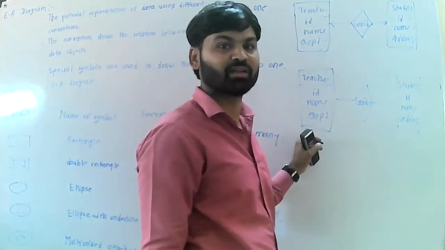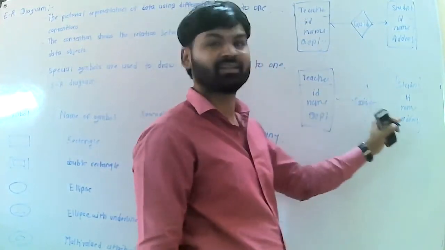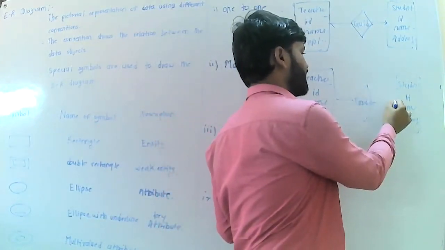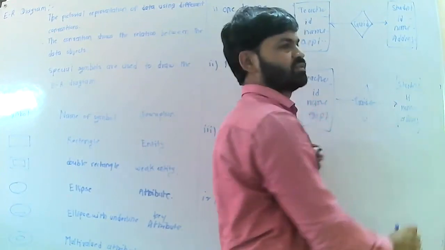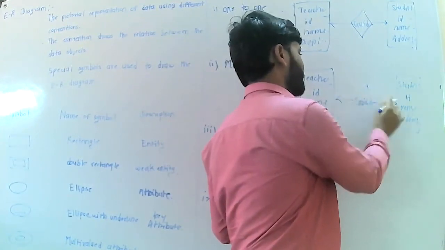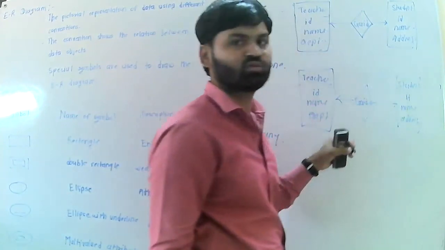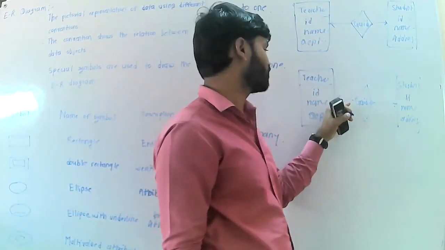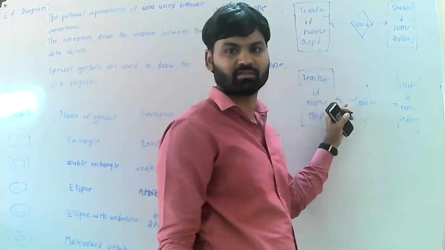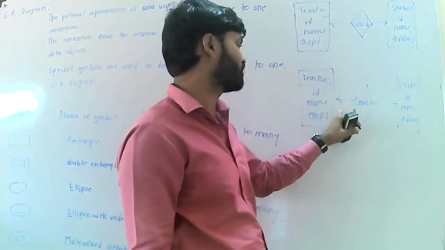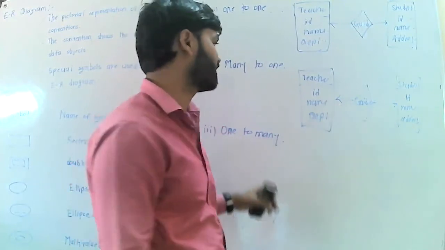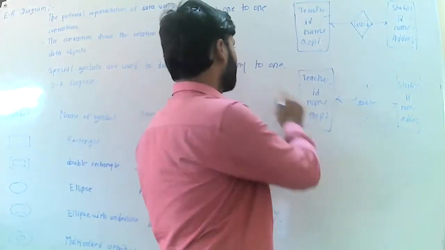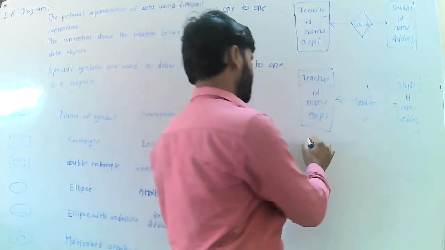Many teachers can guide a single student. We have to show the arrow toward the left hand side. Many teachers can guide this single student. This is the many to one relationship.